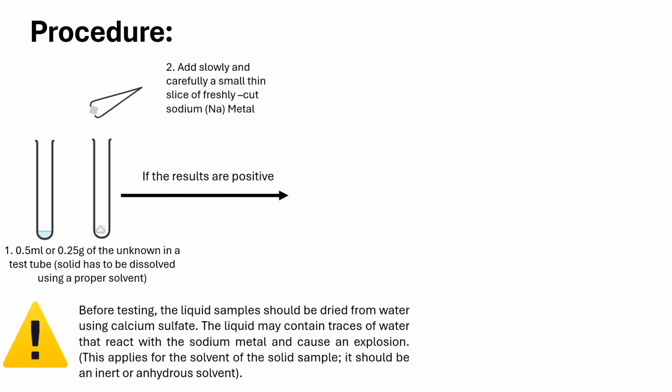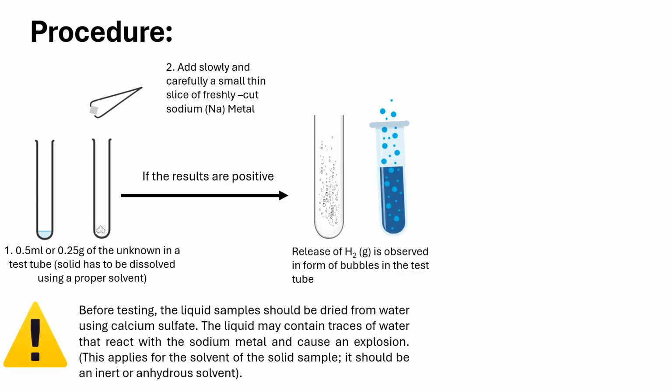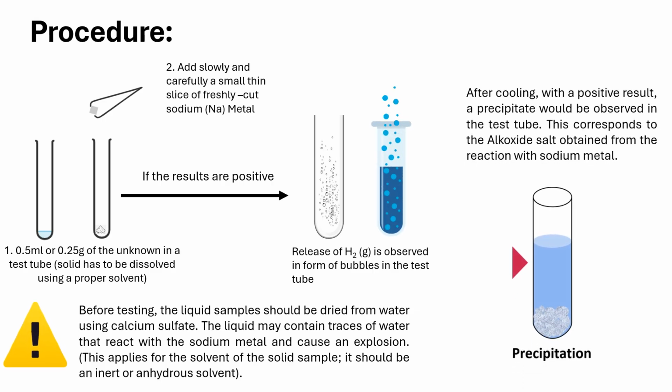Now, after taking all these into account and performing the first steps, if the result is positive, the release of hydrogen gas will be clearly shown in the form of bubbles inside the test tube as shown here. The reaction is exothermic, and an exothermic reaction makes the test tube warm.